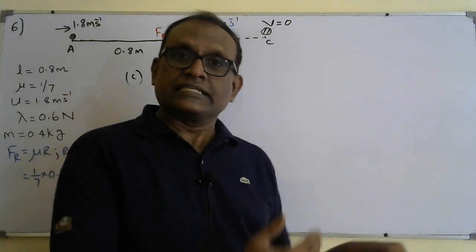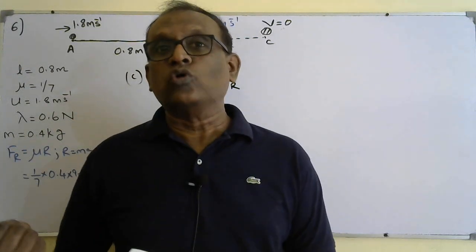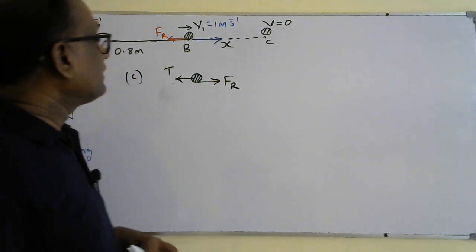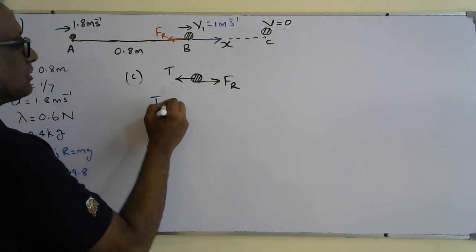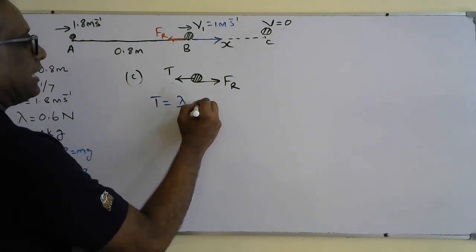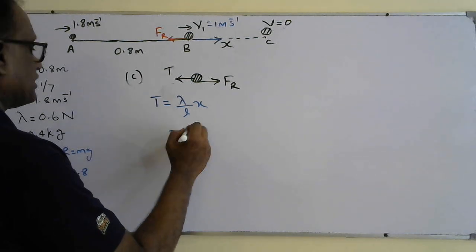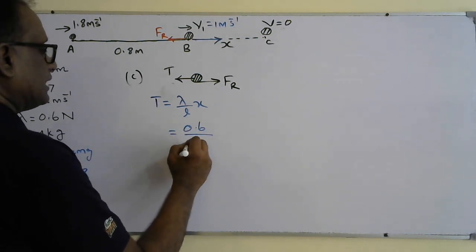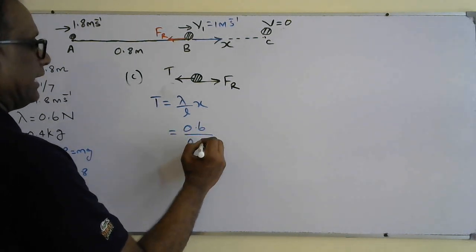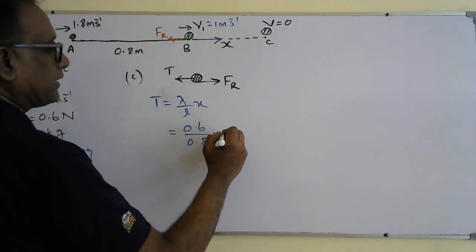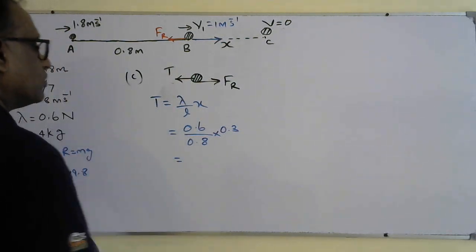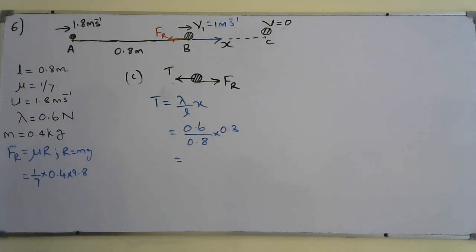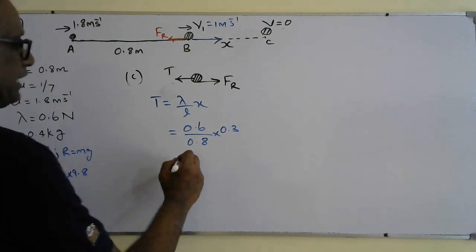Then only it will accelerate from rest to move towards B. So we'll find the tension first. Tension is equal to lambda over L into X. Lambda we know 0.6 over L, 0.8, X we know 0.3, we just now found it. So if you find that tension, that will become 0.23 Newton.